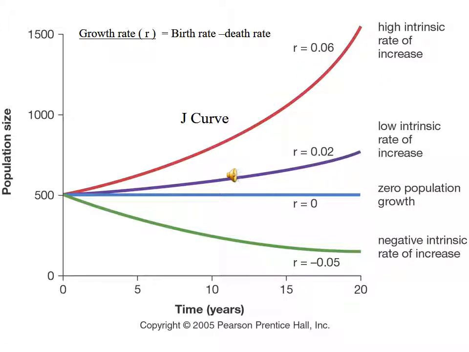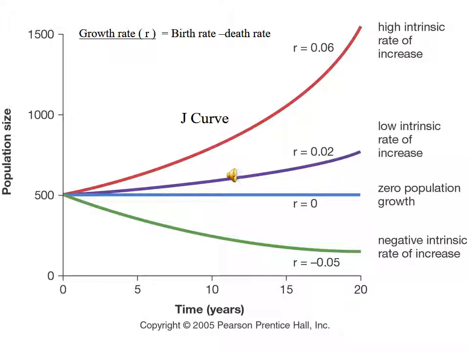Let's look at R, which is the growth rate. If R is 0, the population growth will basically be a flat line. If R is above 0, you can see a curve starting to develop. If R continues to a high intrinsic rate, you can see the J curve evolving.